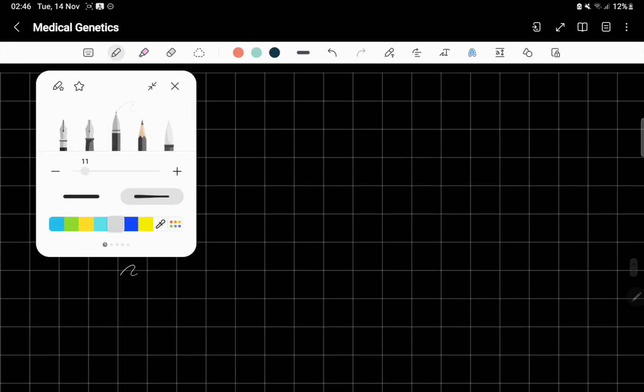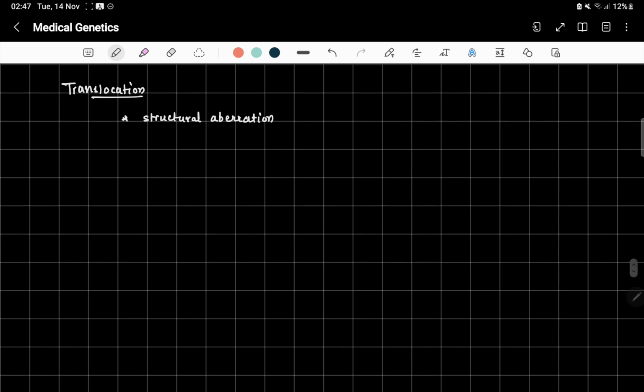Let's discuss translocation. Translocation is an important short note. Translocation is a structural aberration of chromosomes. There is a breakage of chromatin of one chromosome, so it becomes fixed to the second chromosome.